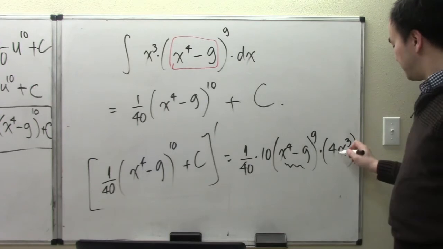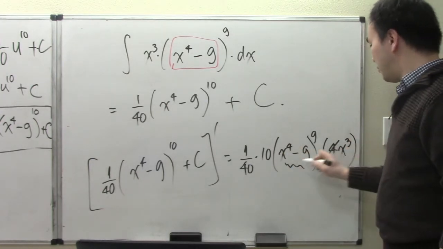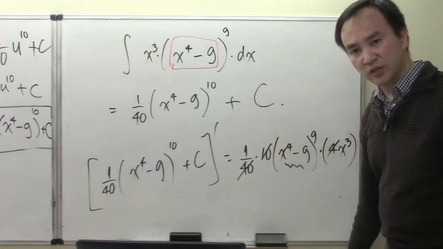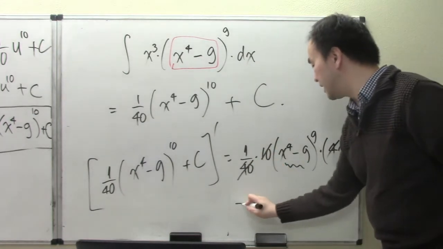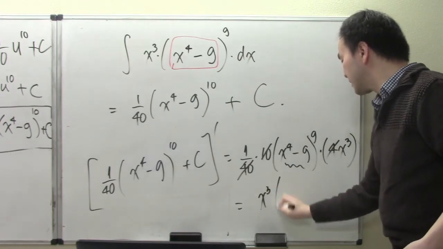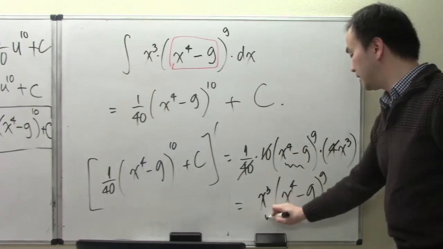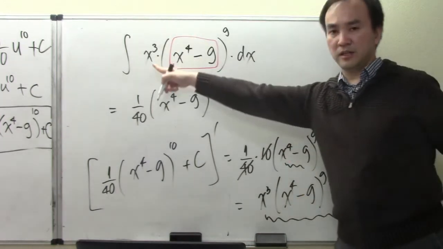So 4x cubed, times 10, that 4 and that 10 multiplied together will cancel with 40 in the denominator there. So in the end, after some cancellation, we're looking at x cubed times x to the 4th minus 9 to the 9th. We come back to this starting function.